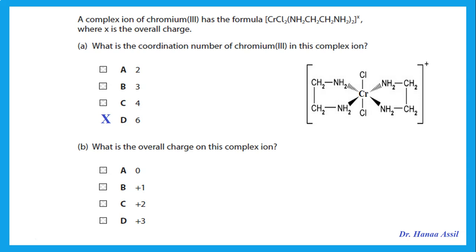The 1,2-diaminoethane has no charge. It's a neutral molecule. So the charges we have are 3 positives on the chromium and 2 negatives on the 2 chlorides. So my overall charge is +1. Do we understand this?